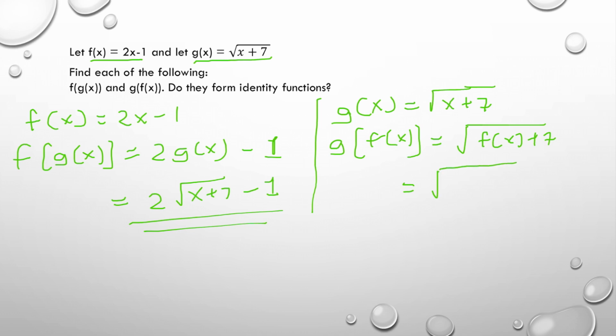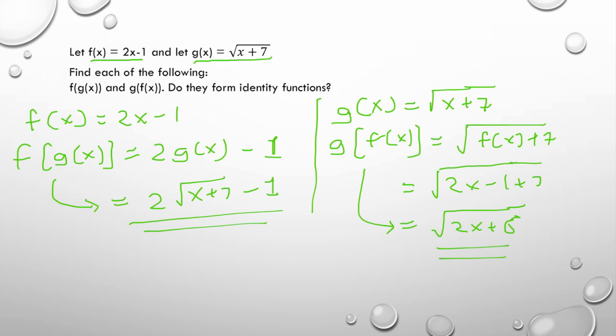We have 2x minus 1 plus 7, which is the square root of 2x plus 6. There's not much you can do here. You can take out the 2 and get a root 2, but that does not help you here. This is your g of f of x, and this is your f of g of x.